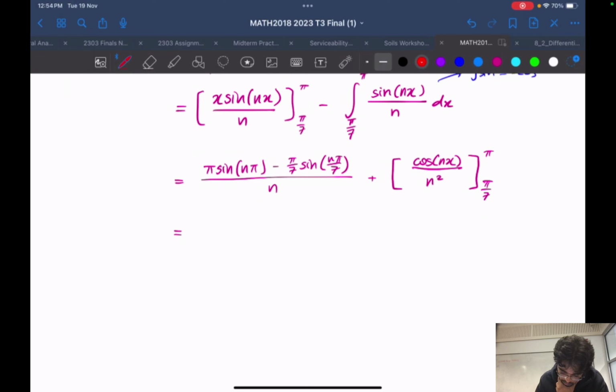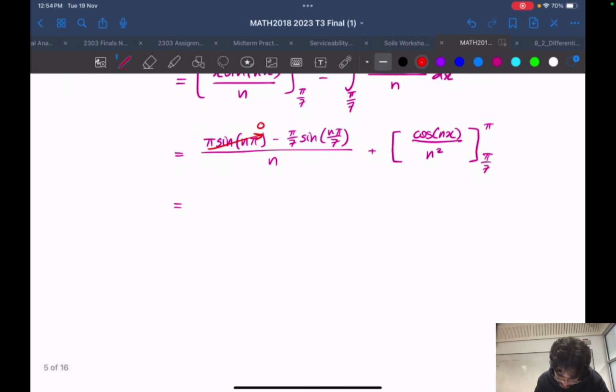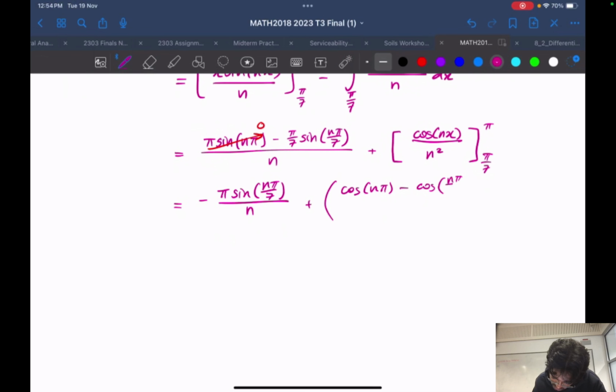Again, sine of n pi is equal to 0, so that will cancel out, and you're left with minus pi sine pi over 7 divided by n, plus cos of n pi minus cos of n pi over 7 divided by n squared.